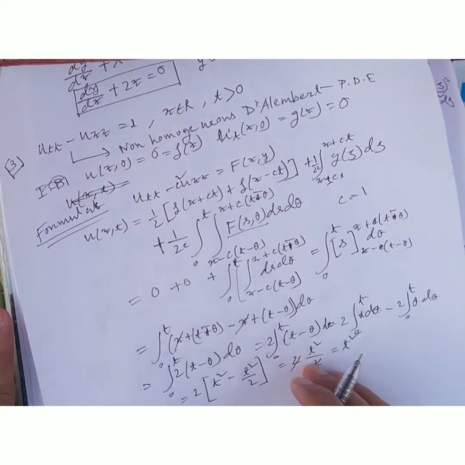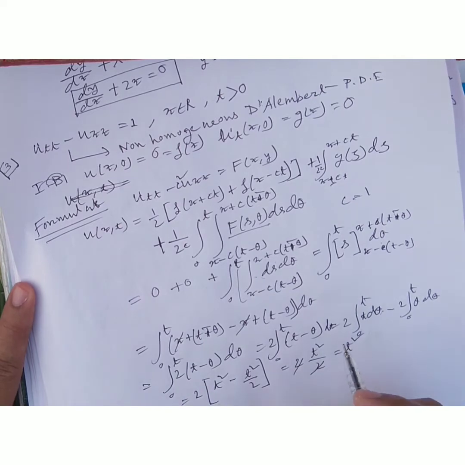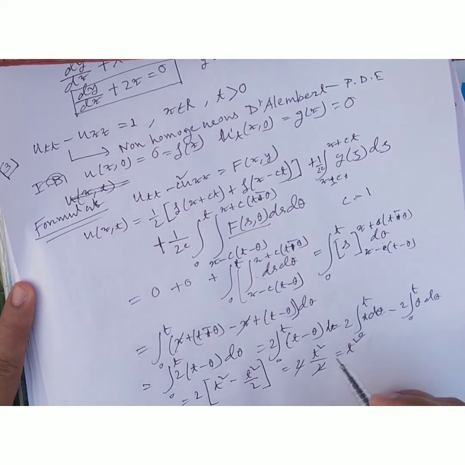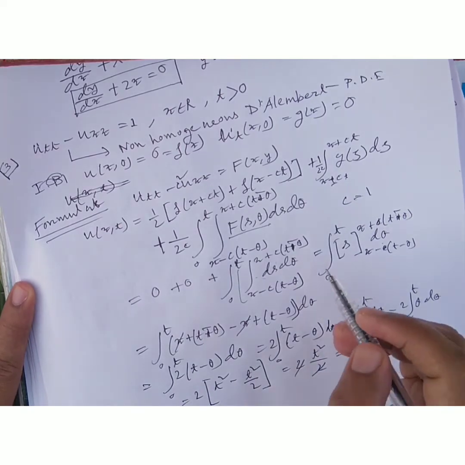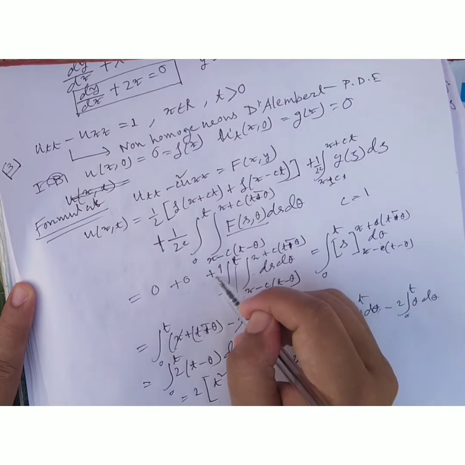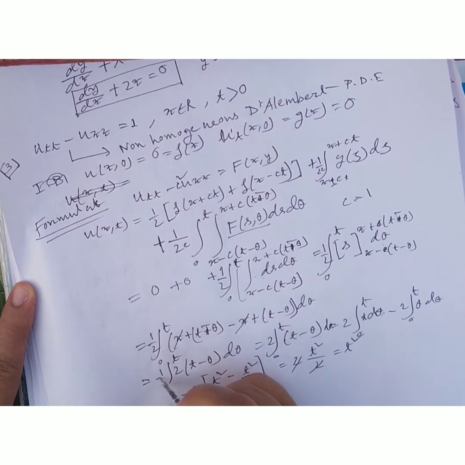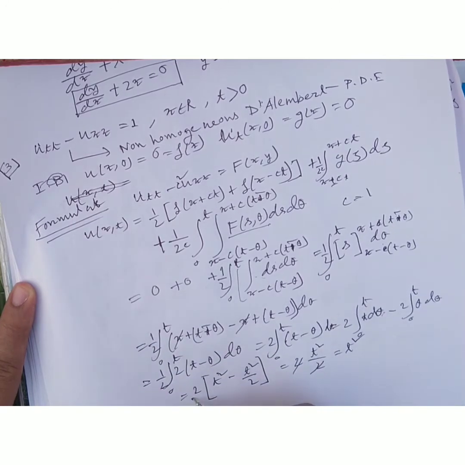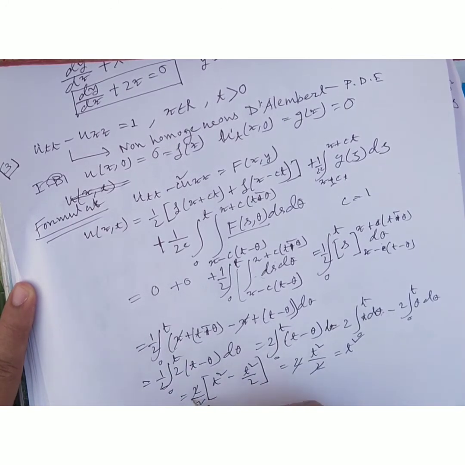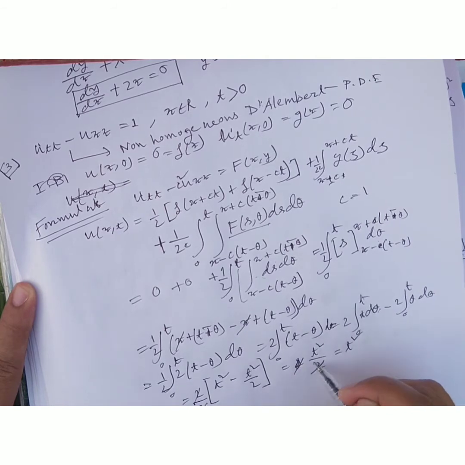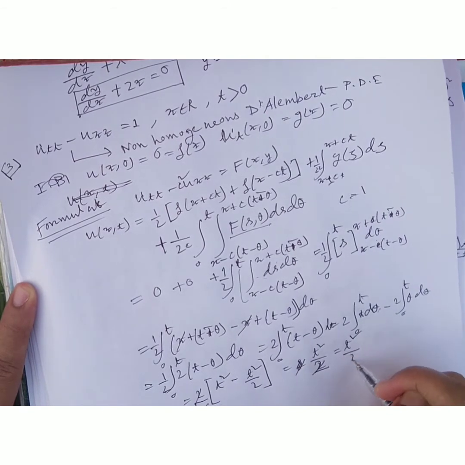So friends, here the factor is 1 by 2c, which means 1 by 2, and this 2 and that 2 cancel, so my answer will be t squared by 2.